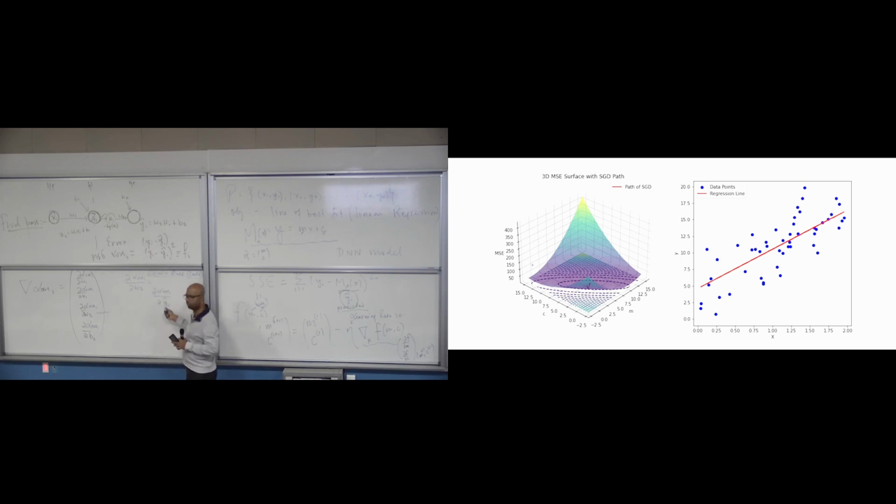So I apply the chain rule with respect to yi hat. Then derivative of yi hat with respect to W2. All right? So what is dyi hat del W2? That's hi.